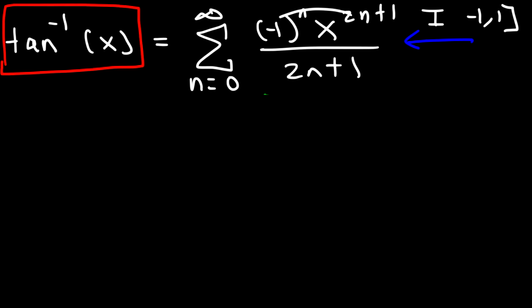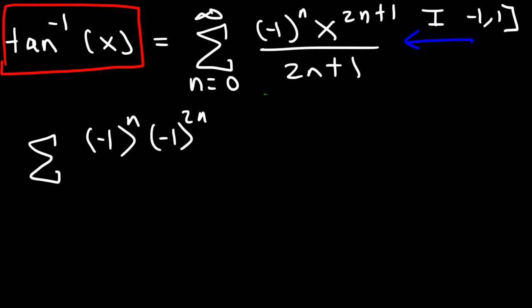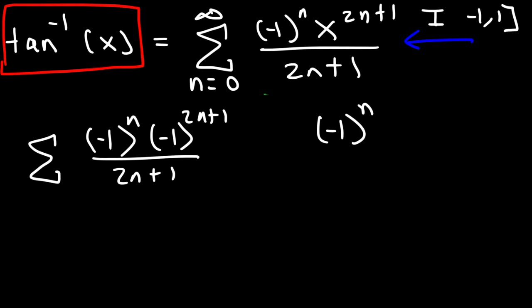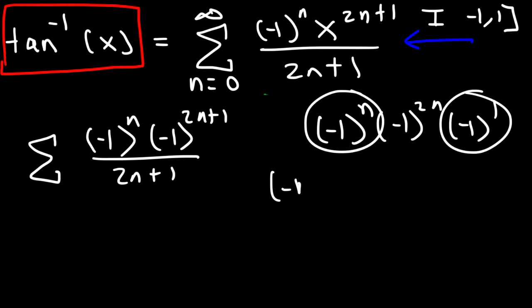Now let's check it for this example. So let's plug in negative 1. So we're going to have negative 1 to the n times negative 1 to the 2n plus 1 divided by 2n plus 1. So let's see if we can simplify what we have here. So this becomes negative 1 to the n and negative 1 to the 2n plus 1. Let's write it as negative 1 to the 2n times negative 1 to the 1. Now these two I'm going to combine into a single expression.